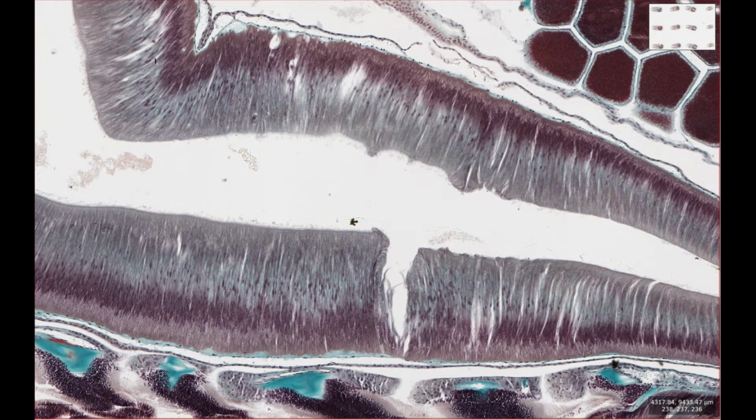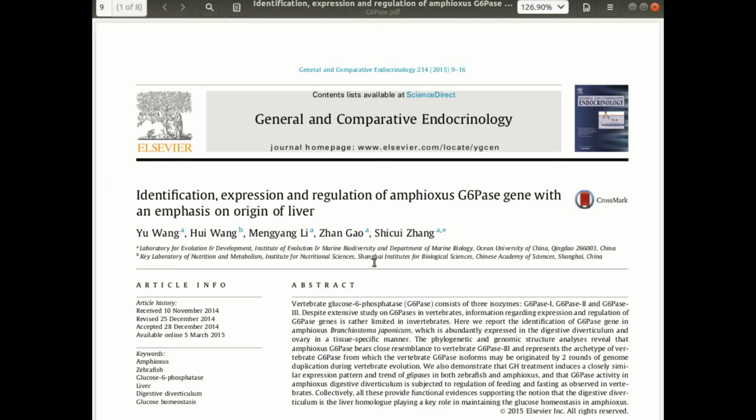So although we can't appreciate it obviously on a histological section, gene expression analysis is becoming a much more widely used tool, and people who've been working on Amphioxus have been able to demonstrate the expression of genes that are very similar to those that are expressed in vertebrate livers. So, for example, this paper focuses on G6Pase, which is glucose 6-phosphatase, which is involved in the production of glucose from glycogen.